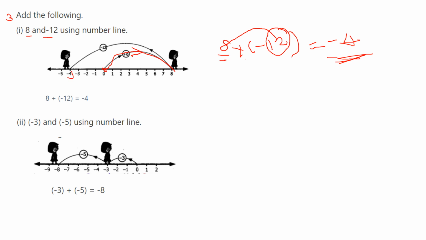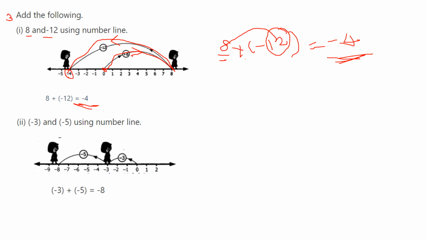So circle it, and on the left side you move 12 units. Clear? And put the left arrow also. Our answer is minus 4.